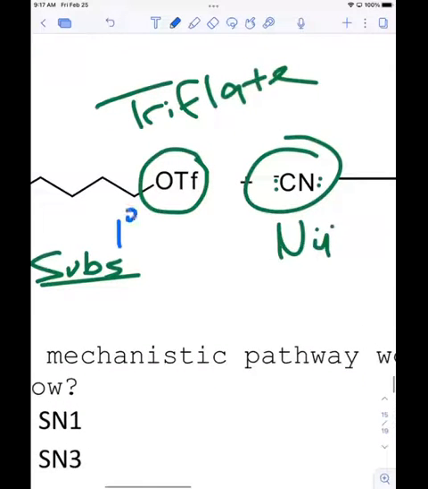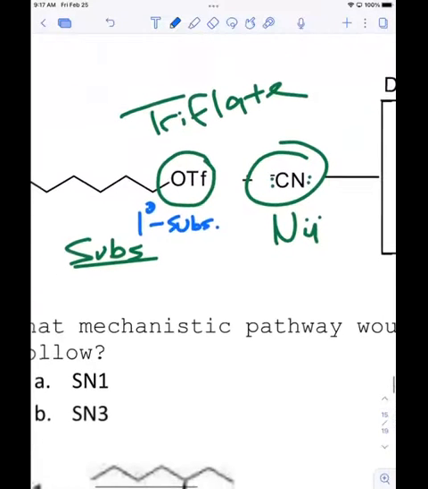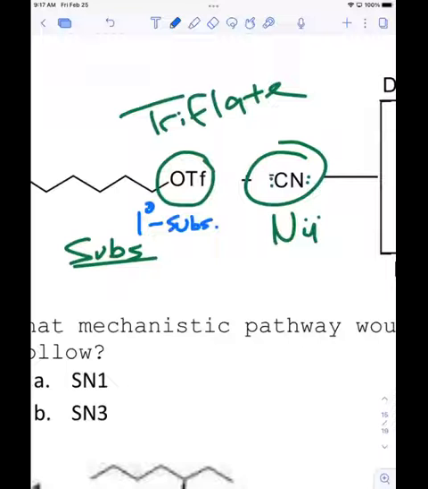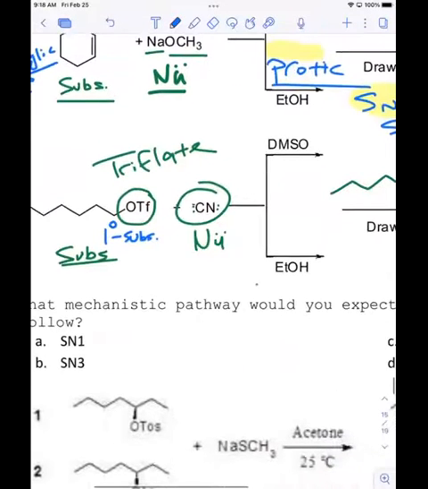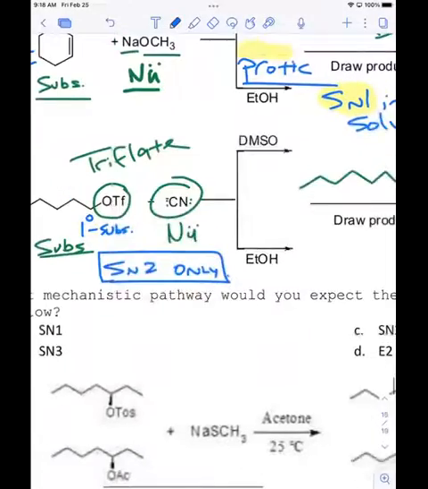So it's a primary substrate. Primary substrates only do SN2. They do not do SN1. So the mechanism for this particular reaction is going to be SN2 only because of that primary carbon.